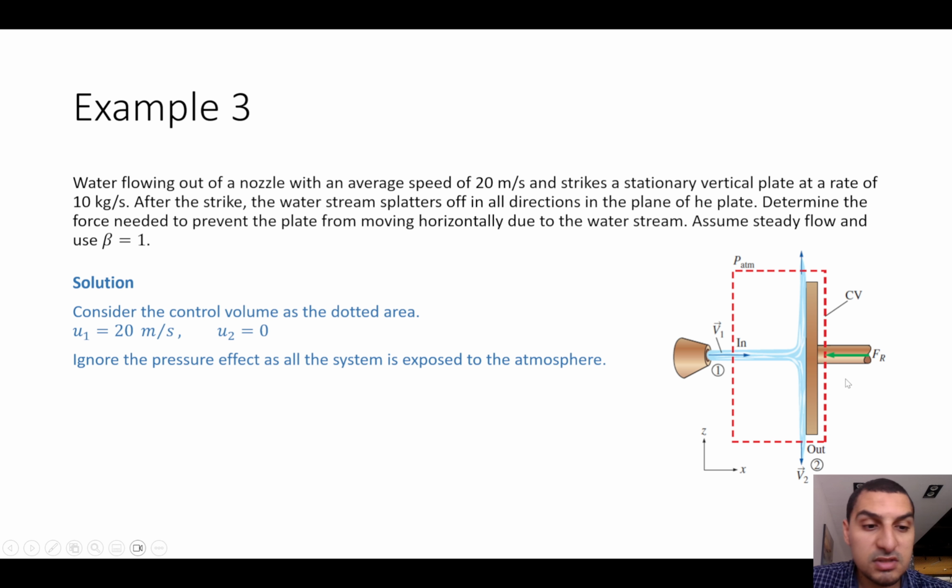We have the viscous forces, which are not going to be included because there are no viscous forces on this red dotted line, and we have the pressure, and all this system in the control volume is under atmospheric pressure. So as we do all the time, we apply the gauge pressure, and that's why the pressure acting on all parts of this control volume is atmospheric, so the gauge pressure is 0.